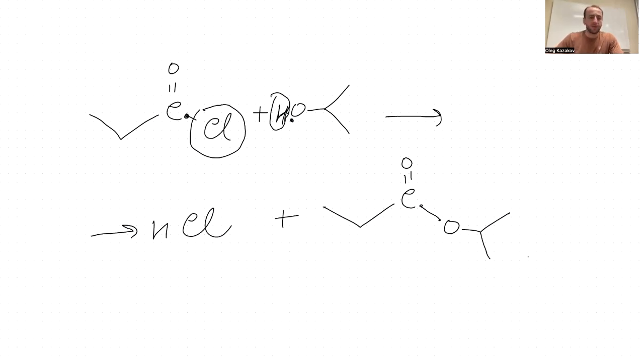Then another way to make esters, our third way, is to take a look at anhydrides, which have a very peculiar structure. It looks like this: we have a couple of carbonyl groups joined with an oxygen atom.